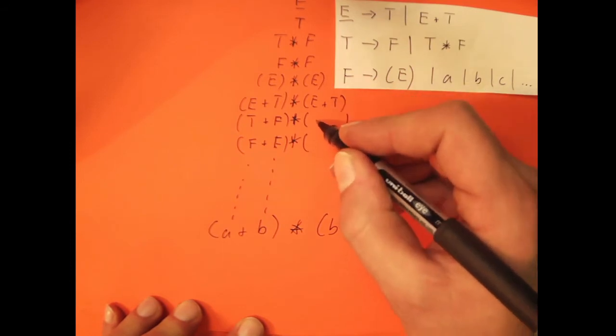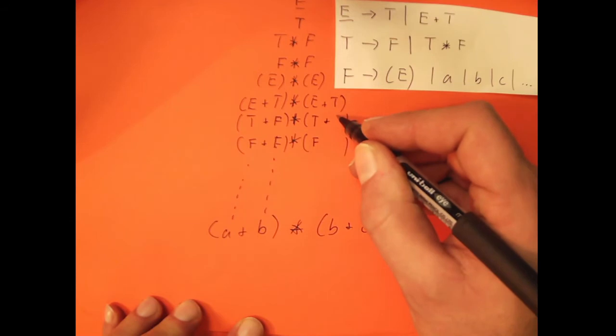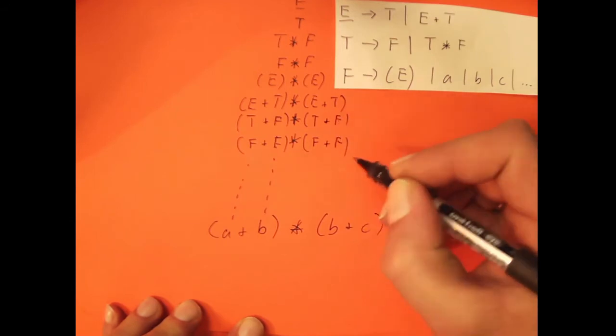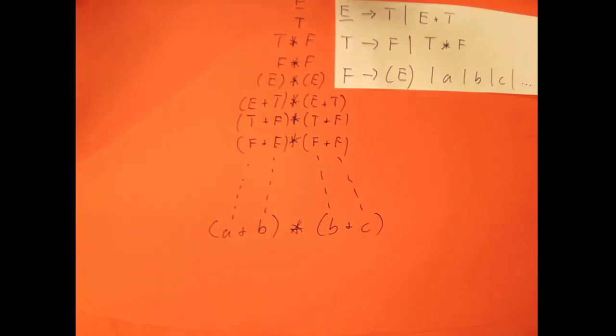E replaced by T, T replaced by F, plus T replaced by F, and we go to here. So with this, we created the complete construction tree of our grammar.